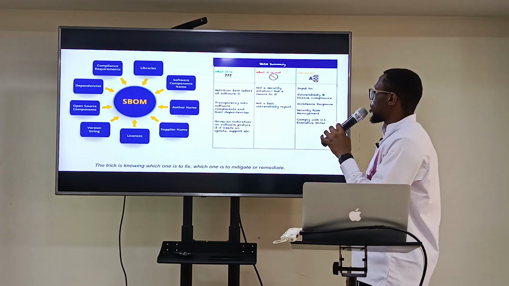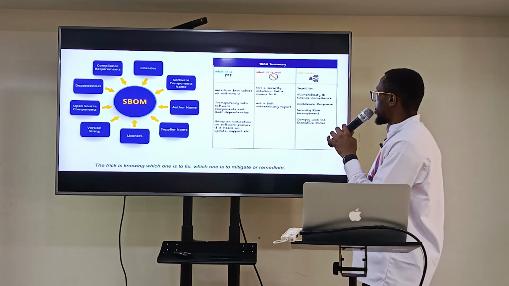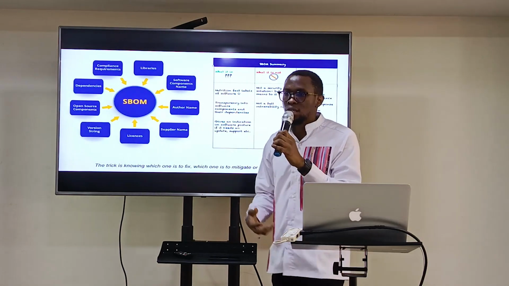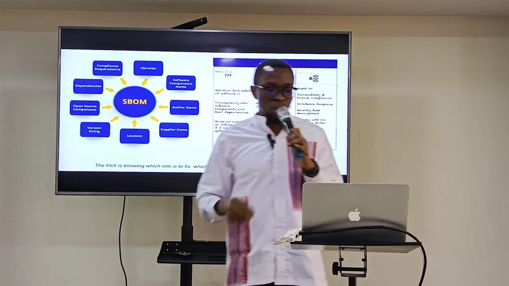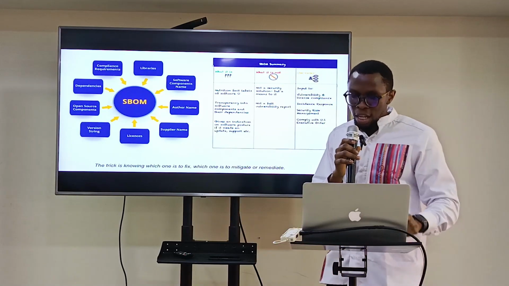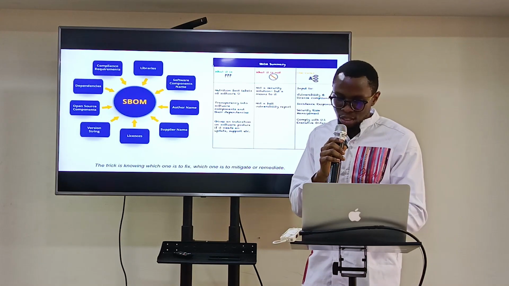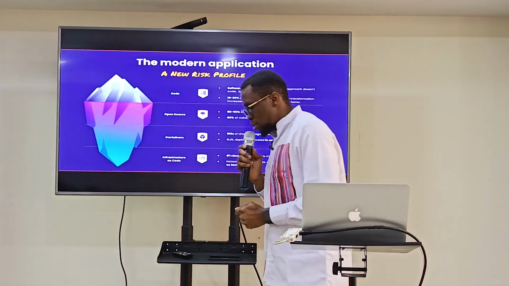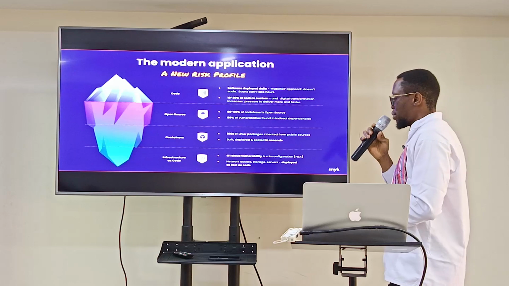It is not a security solution itself. It's not going to fix your problem. It's not a vulnerability report itself. Think about it more like a process where we want to use that process to gain more visibility into what's in our applications. So the trick is knowing which one to fix, which one to mitigate, and which one to remediate. This brings me to the software and security supply chain itself.